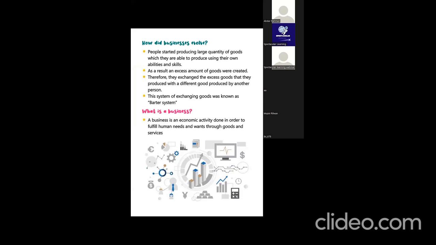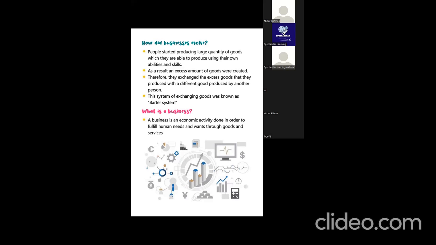Different people had different abilities and they used them to produce what they could. For example, one person was good at the agricultural sector, so he produced goods like chili, tomatoes, potatoes, vegetables and fruits. Another person produced wheat.